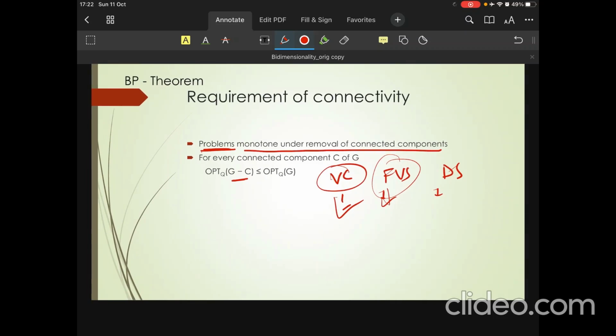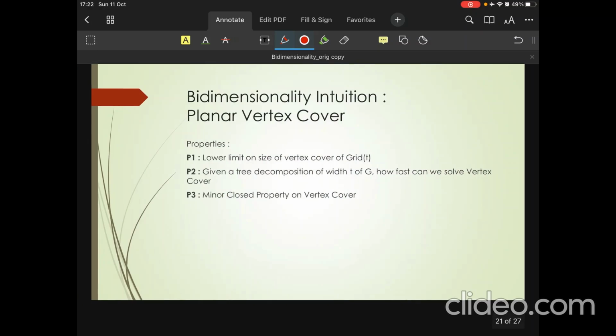Next, we'll move on to the intuition of why we define bidimensionality. Why are we defining a whole class of problems by taking assumptions like the optimal solution size of gamma t should be greater than or equal to some c t square?